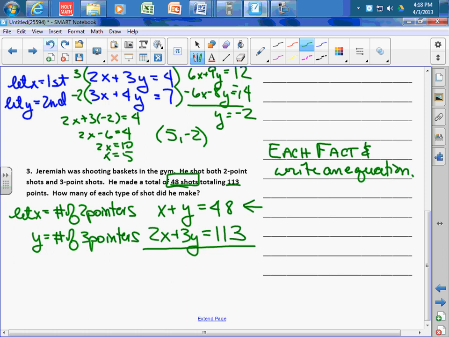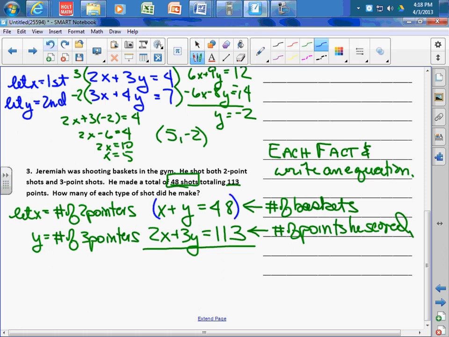So this is the number of baskets that he made, and this equation shows the number of points he scored. And to solve this system, we would multiply the top row by, that's right, negative 2. So we get negative 2x minus 2y is equal to negative 96.